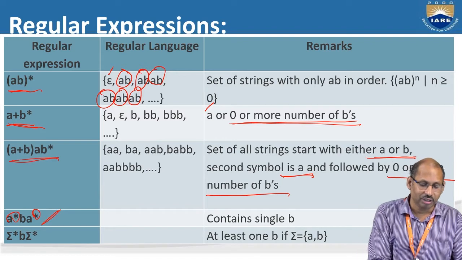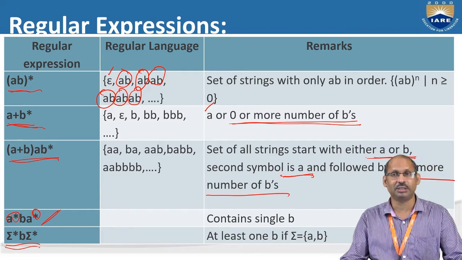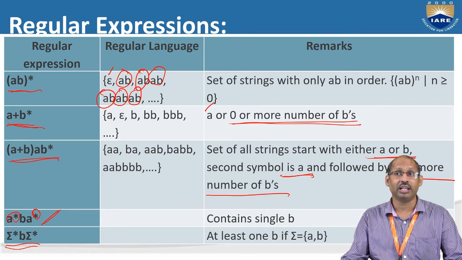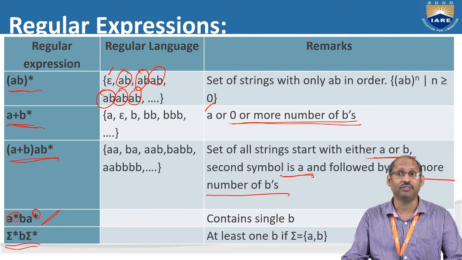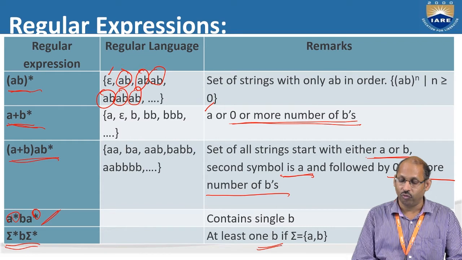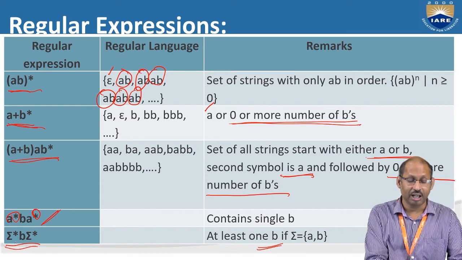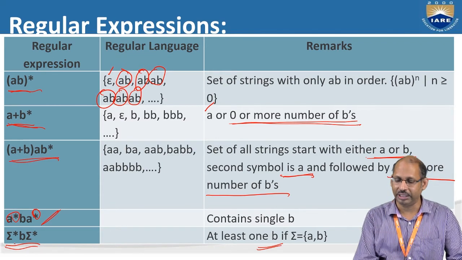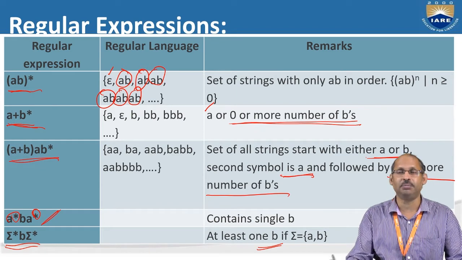Then, here it is a regular expression which consists of all the strings that must have at least one B. Star of the alphabet means (A comma B) star, then B, then (A comma B) star. So one B is a must.